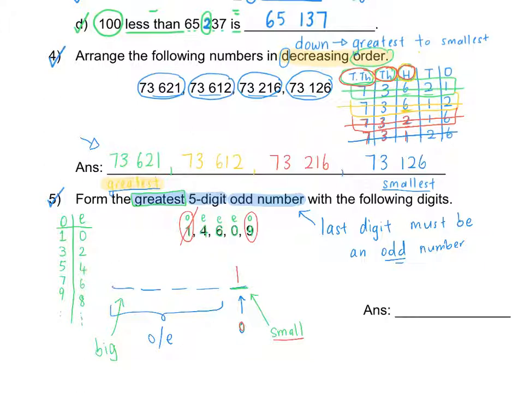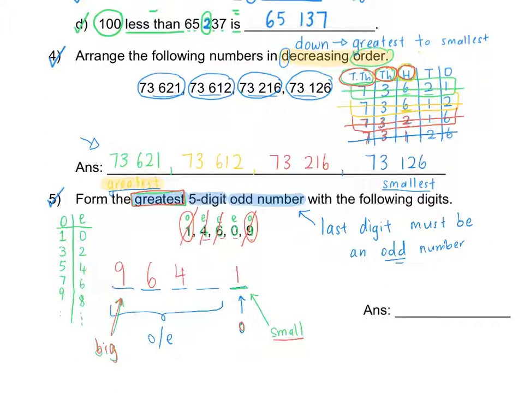Remember, we want the greatest 5-digit number, so the number in front must be very big. Out of the remaining digits, which is the greatest digit? Digit 9. So we strike, followed by digit 6. We strike, followed by digit 4.